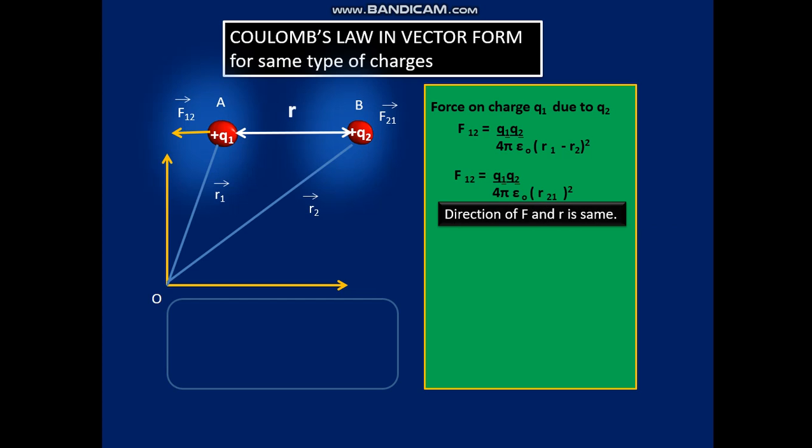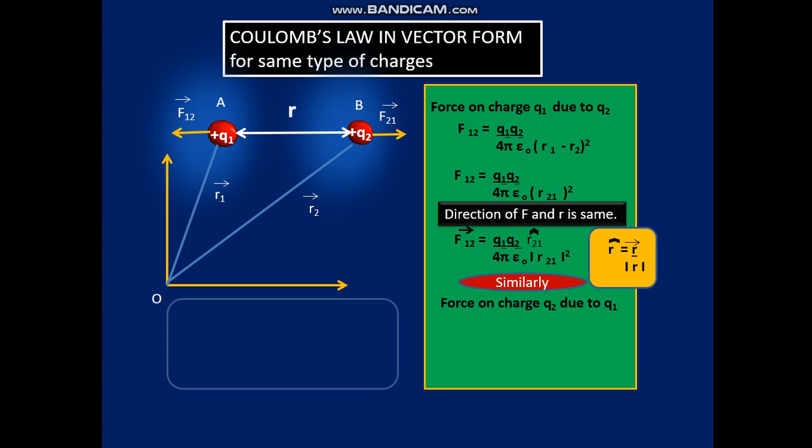So we put it in vector form. It is to be noted that the directions of F and r are the same. So you get the vector F12 equal to q1 q2 upon 4 pi epsilon times the unit vector r21 upon mod of r21 squared, since the unit vector is r upon mod r.